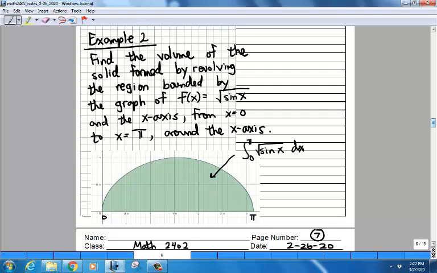That's a strange curve to work with, but it's a made-up example just to make the eventual computations simpler. That's what the square root of sine of x looks like, at least from 0 to pi. It's not a semicircle, but it looks elliptical, like a semi-ellipse.